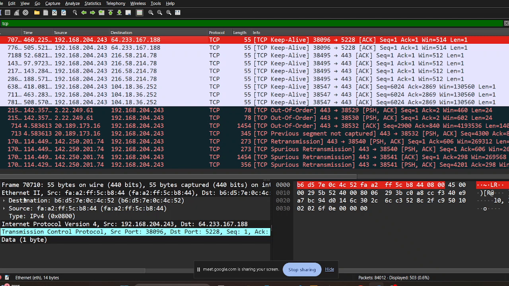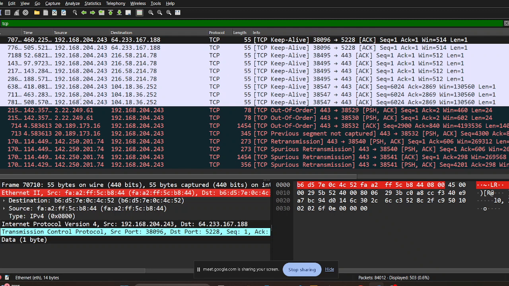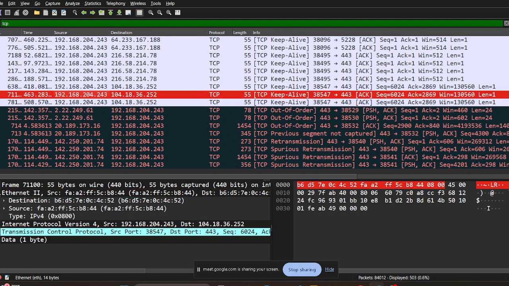But if you select one of these and come to this Ethernet 2, you can see source and destination as well. So this one is IPv6. It's usually alphanumeric, a combination of letters and numbers.